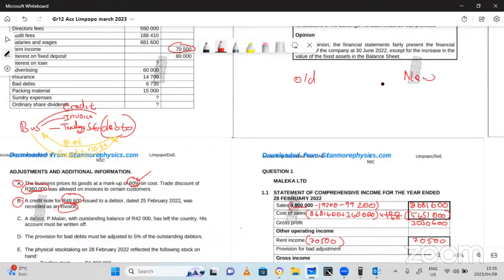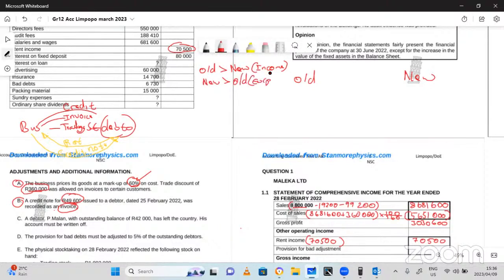If the old value is greater than the new, we have an income. That difference will be an income. We are looking for the difference. But if the new provision for bad debt is greater than the old, then we have an expense.